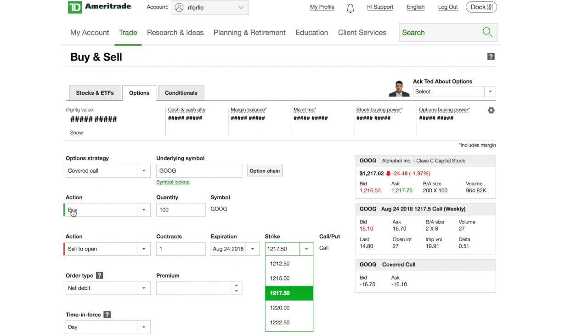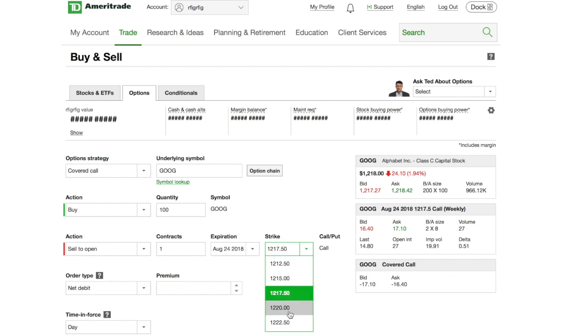This is when this contract is going to expire. Because what you're going to do is buy 100 shares of Google, and then you're going to sell to open one contract that's going to expire on August 24th. And the strike price is the price that you're saying, hey, just call it like right now Google is at $112, right?